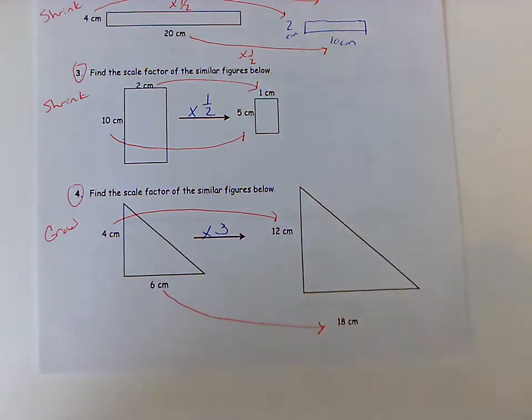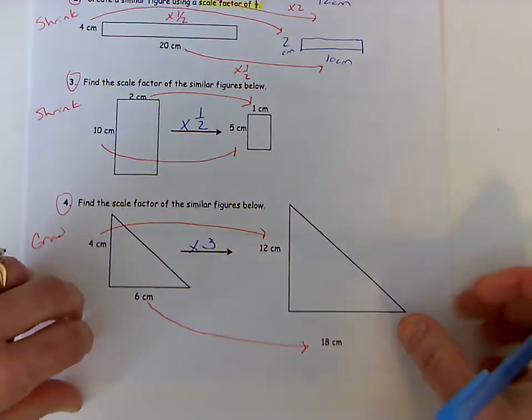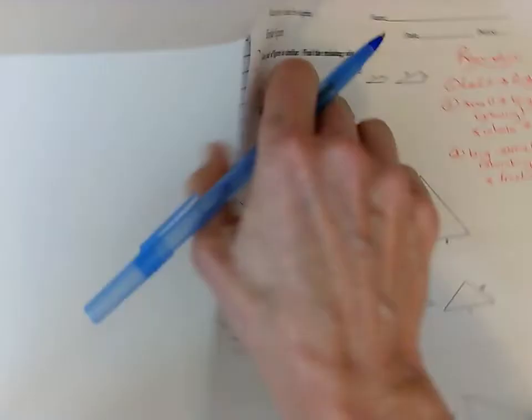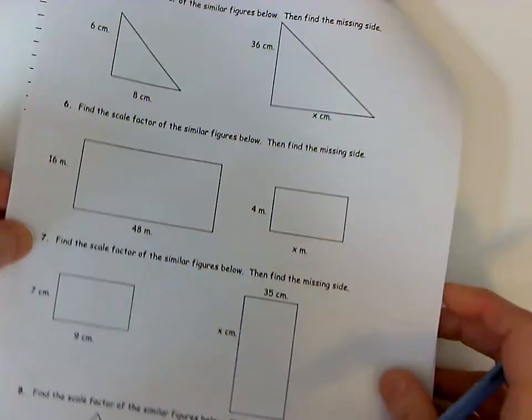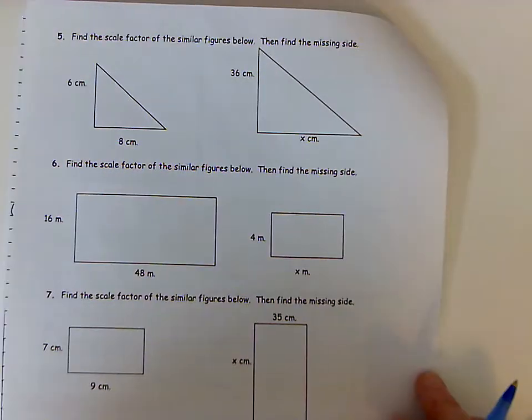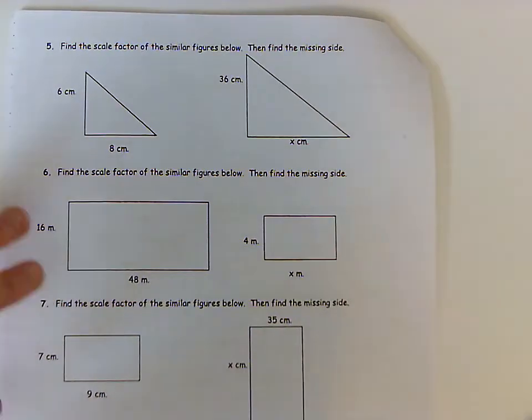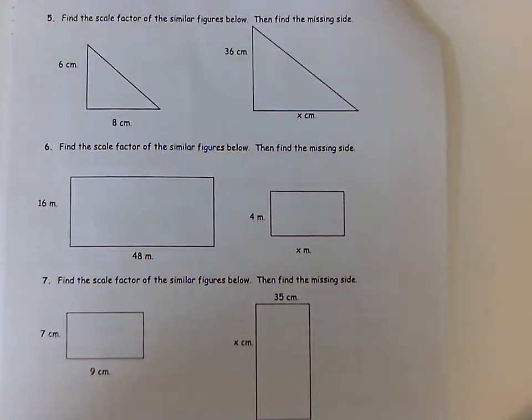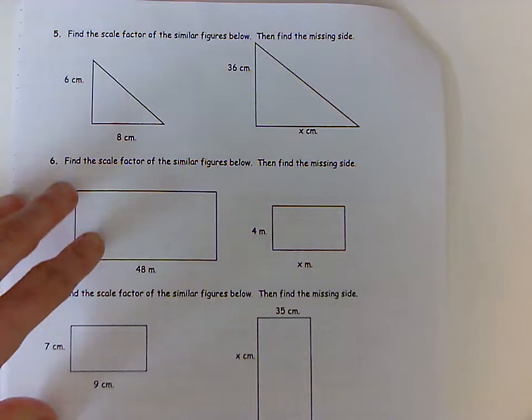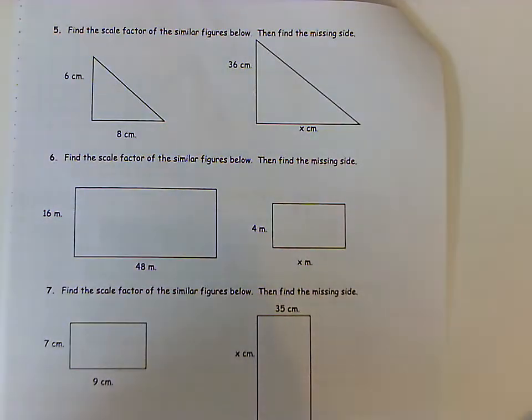It's growing in size. Okay, so now what you're going to do is turn the page, and we're going to go to the back side of that. And we're going to look at number 5 together. So number 5 says, find the scale factor of the similar figures below, and find the missing side.